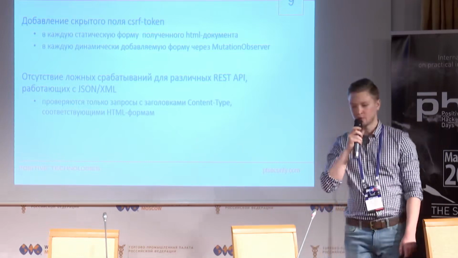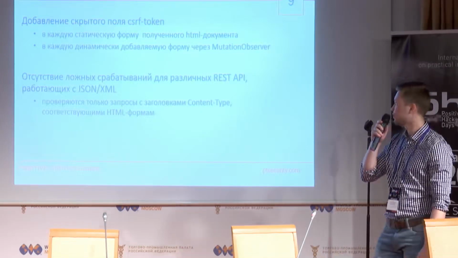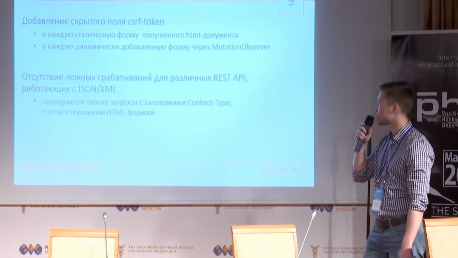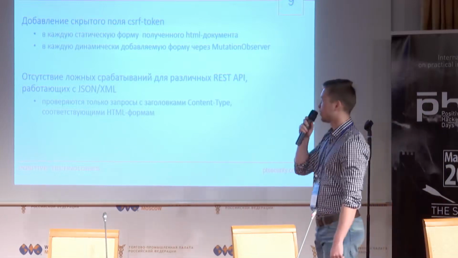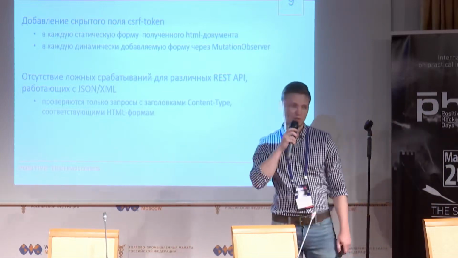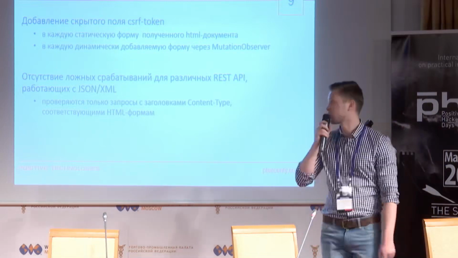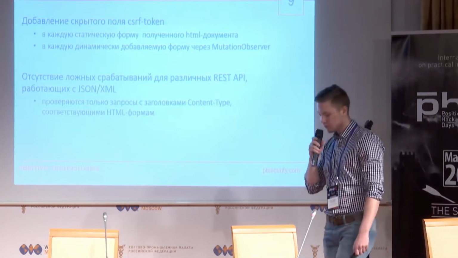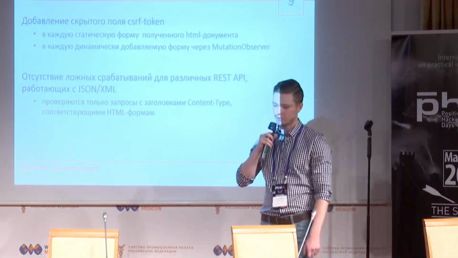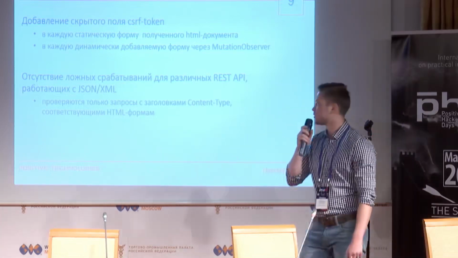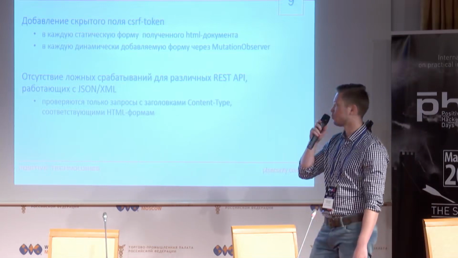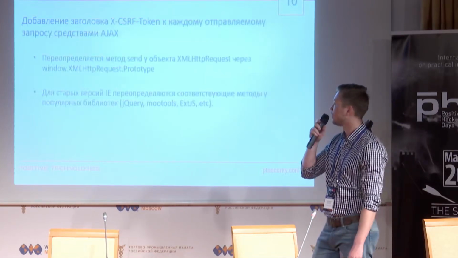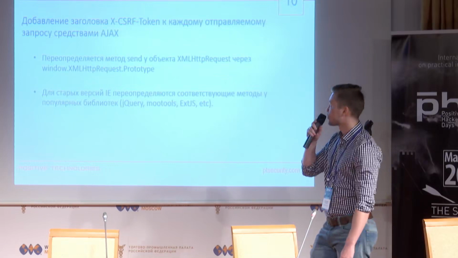It allows us to avoid false positive results that may be related to the blocking of requests to REST APIs, which mostly use JSON and XML formats. We only look at those content types that can be used when sending HTML forms. I'm speaking about multipart and some others.